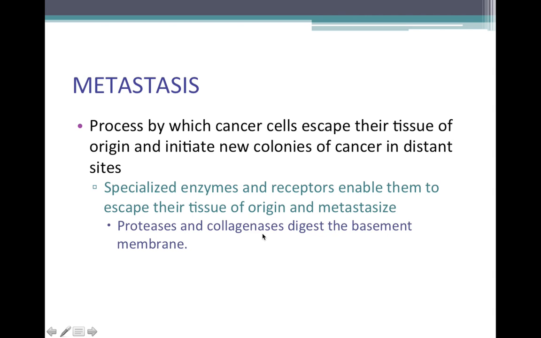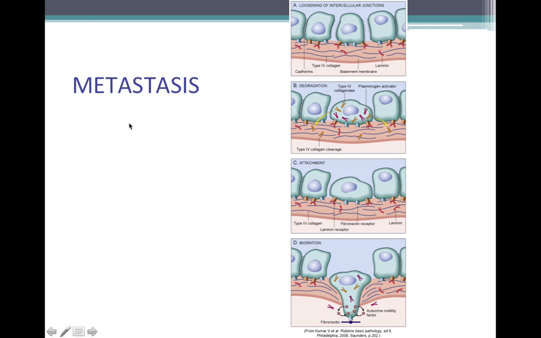Things like proteases and collagenases can digest things like your basement membrane and extracellular matrix, and that itself can start to help release those cells to other areas of the body. And if those cells spread, then we call that metastasis.